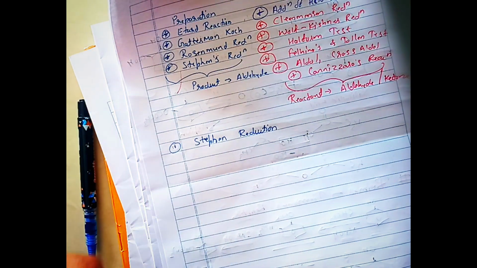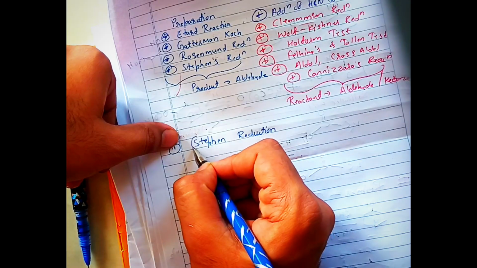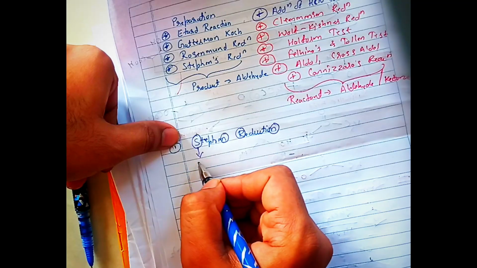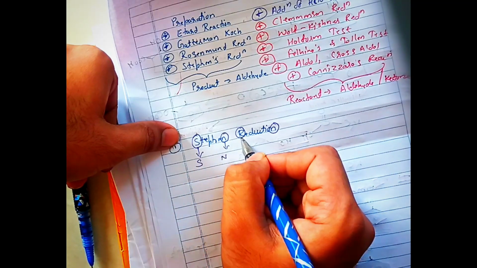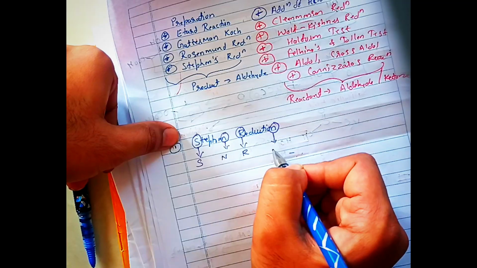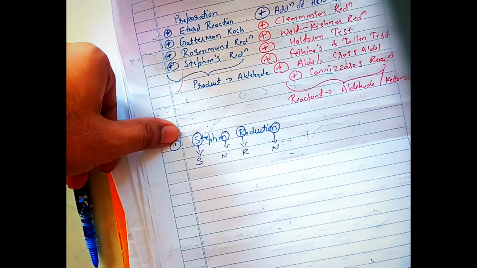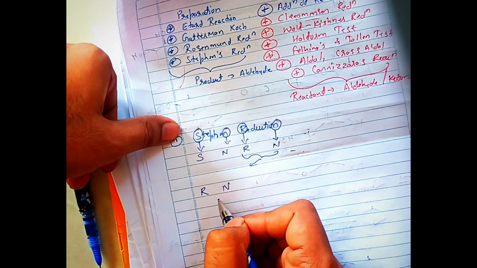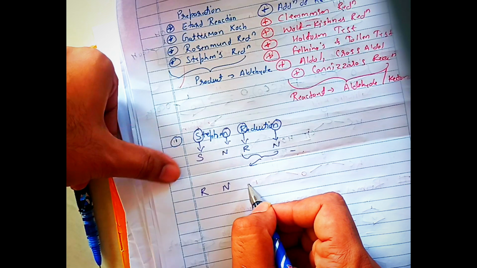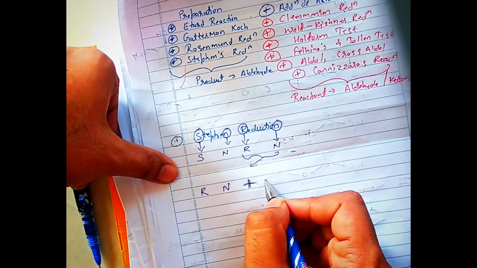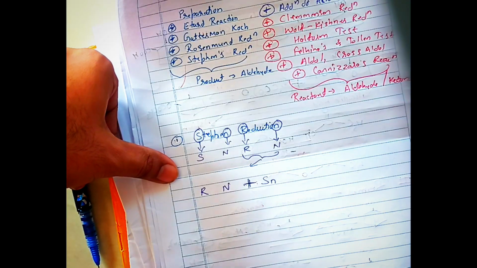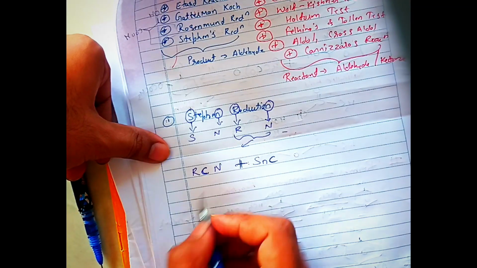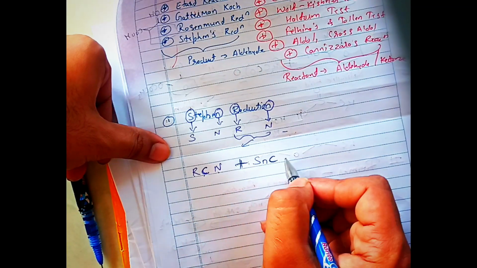In the Stephen reduction, I will take the first letter, last letter, first letter, last letter: S, N, R, N. I will write these as R N first, then add S N, then add the carbon on both sides, C C. Here, RCN plus SnCl2.